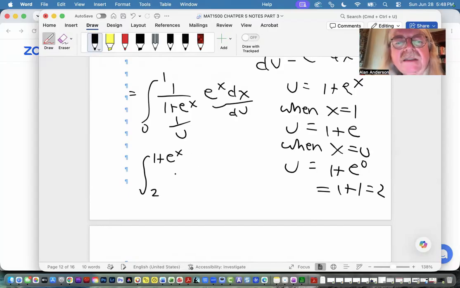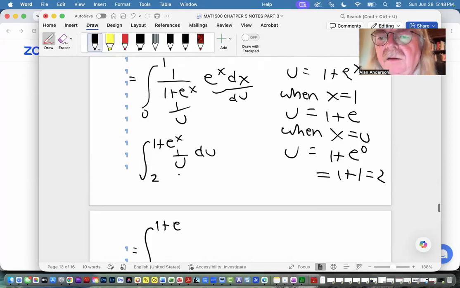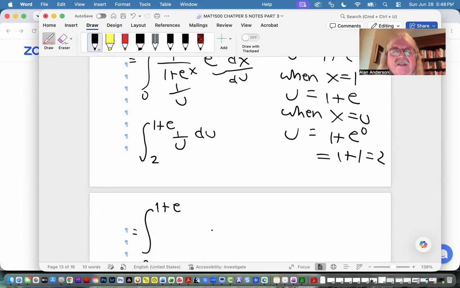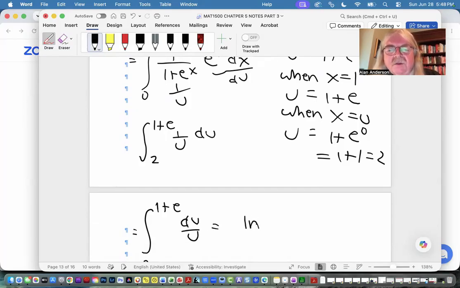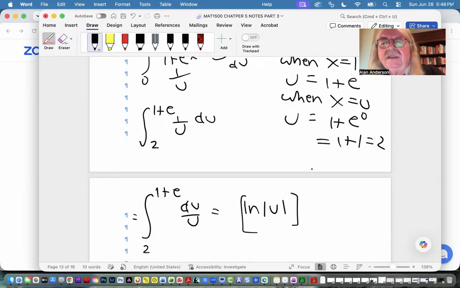And you can rewrite these now as 1 over u du, or if you prefer, oh, sorry, this is not e to the x, it's just e. These have to be constants. Okay, and you can rewrite this as du over u, which means it's the natural log of absolute u evaluated between 1 plus e and 2.